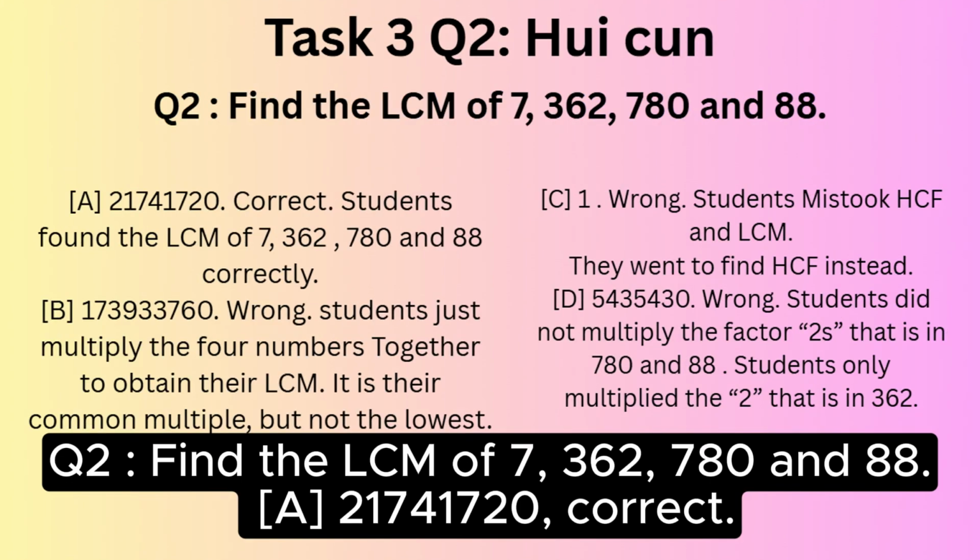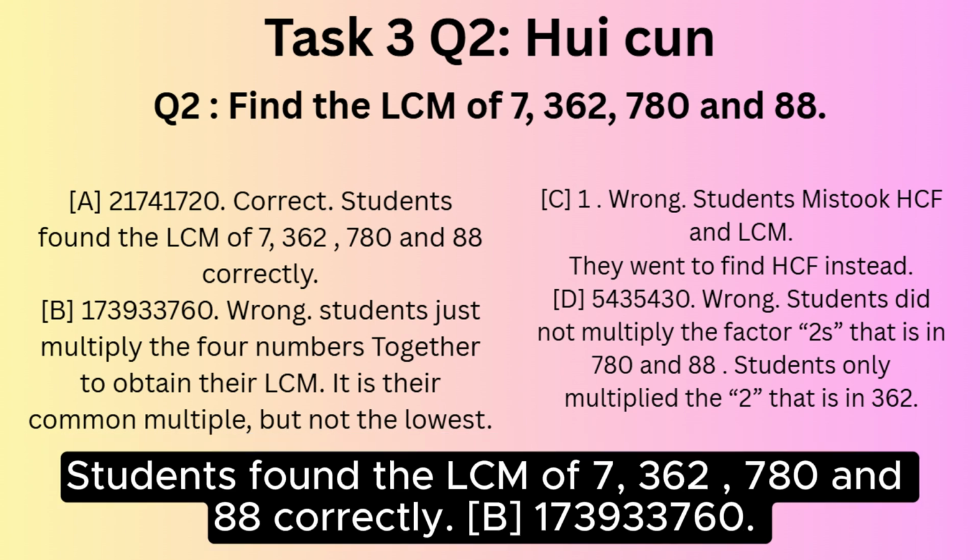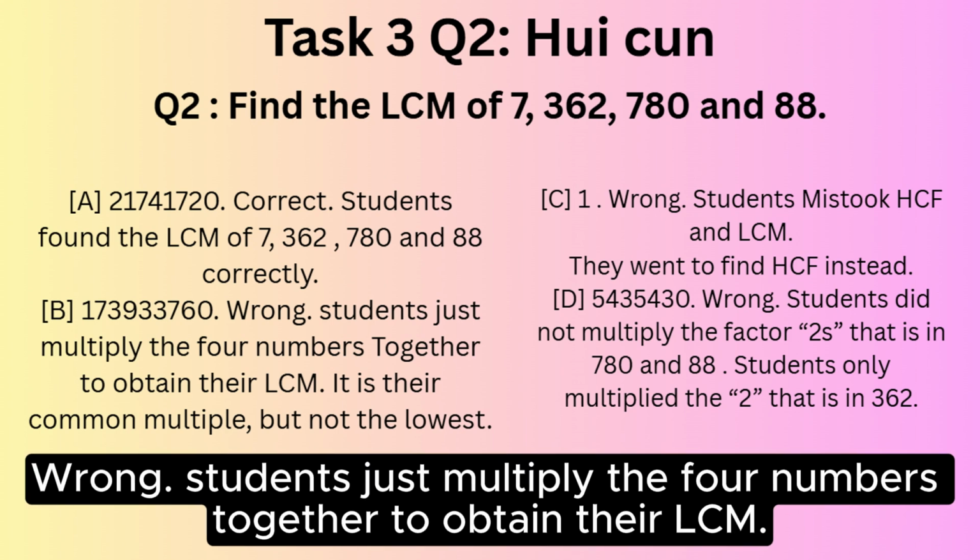Question 2. Find the lowest common multiple of 7, 362, 780, and 88. A. 21741720. Correct. Students found the LCM of 7, 362, 780, and 88 correctly. B. 173933760. Wrong. Students just multiply the 4 numbers together to obtain their LCM.